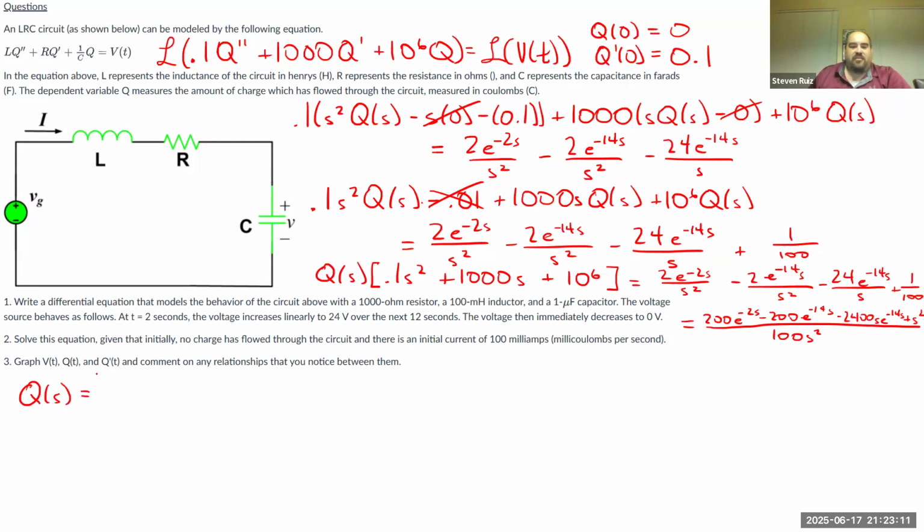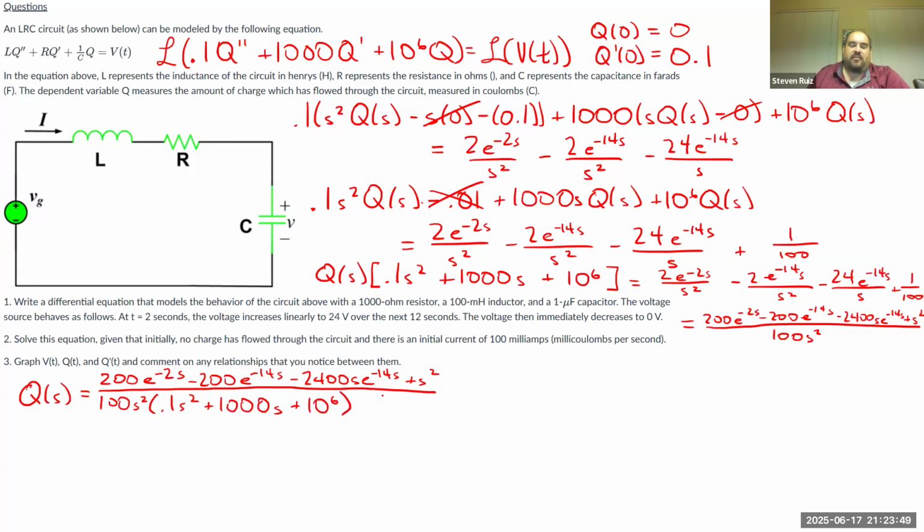Q of S equals this totally not intimidating function, 200 e to the negative 2s minus 200 e to the negative 14s minus 2400 s e to the negative 14s plus s squared, all over 100s squared times the stuff I'm about to divide by, 0.1s squared plus 1000s plus 10 to the 6th.